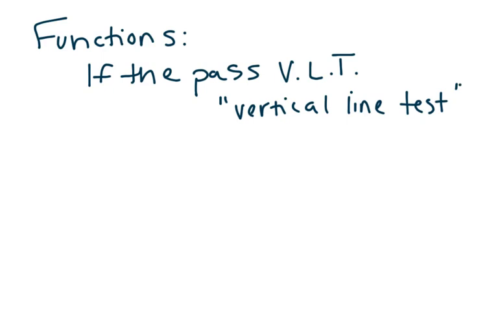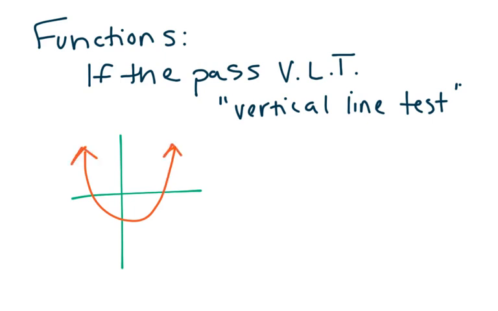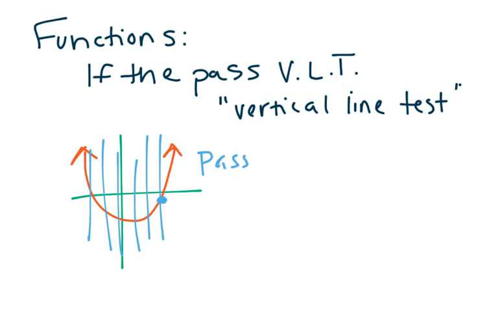So the idea is that whatever graph that you happen to have, if you draw the graph and make any vertical line anywhere on the graph, if you only touch the actual graph itself once, it ends up passing the vertical line test because it only touched it once.